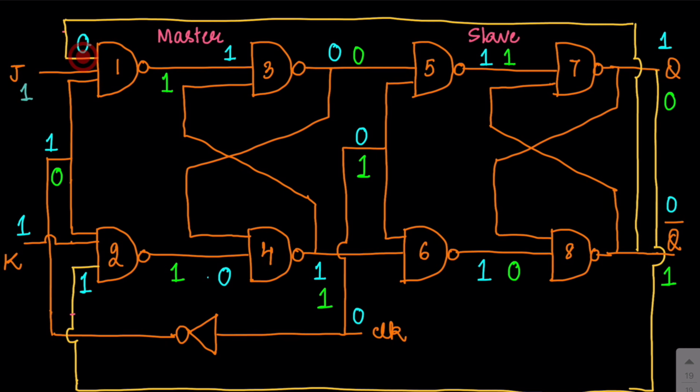The output of this first NAND gate will be 1. Coming to the second NAND gate, the inputs are clock equal to 1, K equal to 1, and the third input coming from Q, which we have assumed to be 1, and hence all the 3 inputs are 1, so the output is 0. Just look at the blue entries, not the green ones.